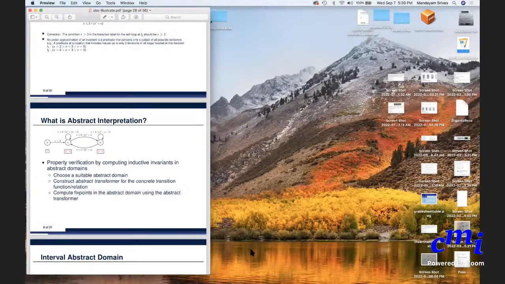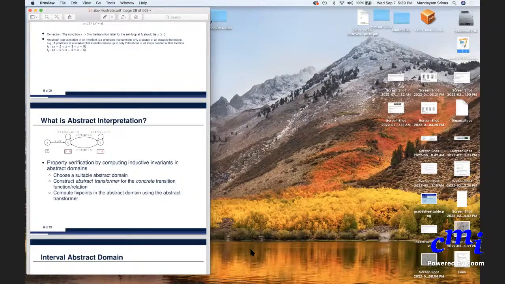So I want to show a few slides from the person who's credited with inventing this technique of computing strongest inductive invariants in an abstract domain in a particular fashion, developing the theory and the techniques and the tools.